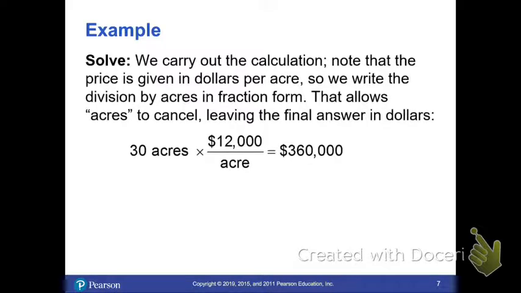If we have 30 acres and then it costs $12,000 per acre, then you can think of this as over 1. I have an acres in the numerator and an acres in the denominator. And since we're looking at our units, we notice the only unit left is dollars. So when I multiply through, I get $360,000.